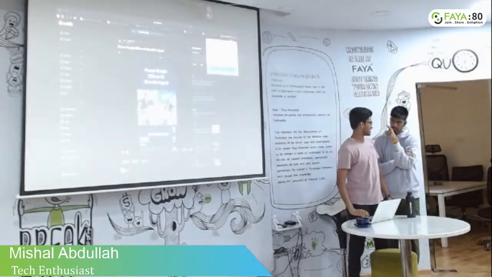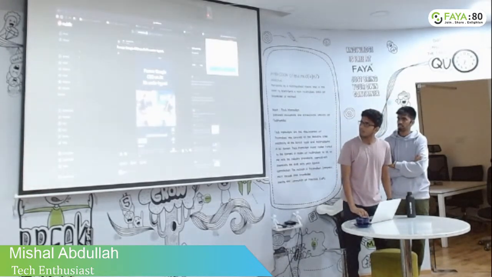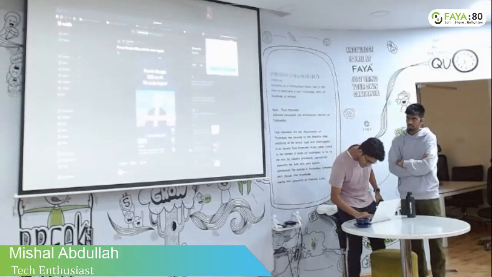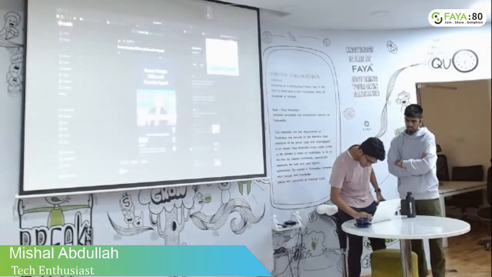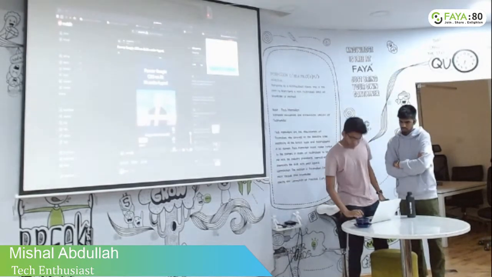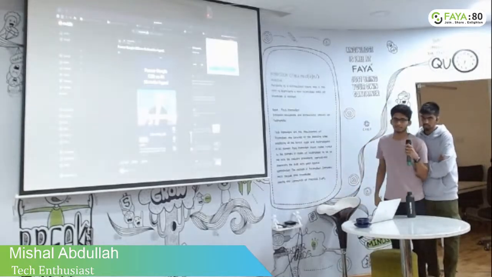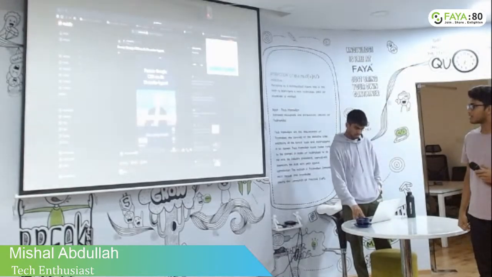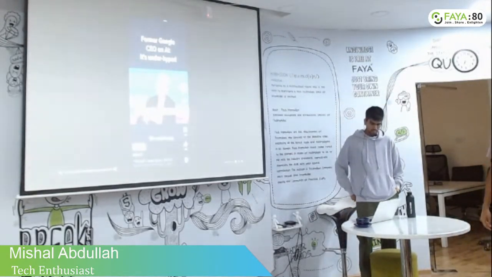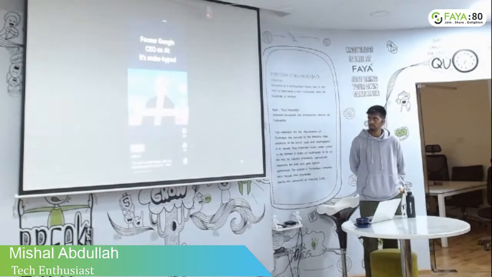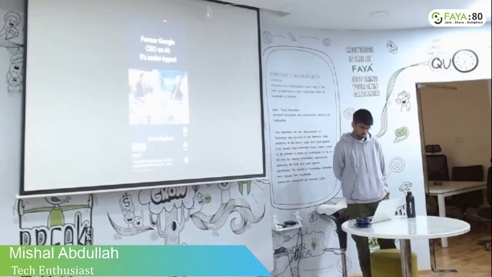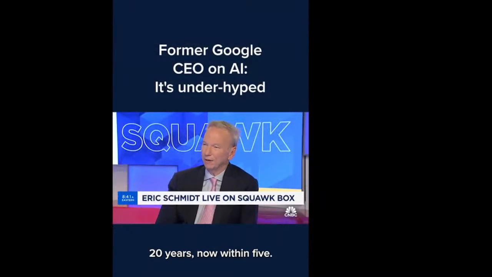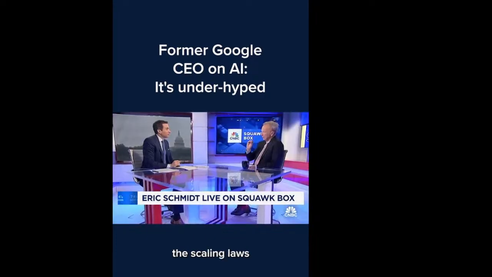First, I hate to tell you, but I think this stuff is underhyped. Not overhyped. Because the arrival of intelligence of a non-human form is really a big deal for the world. And you think it's here? It's coming, it's here, it's about to happen. How quickly, though? Well, we used to say 20 years, now within 5. And the reason is the scaling laws for these systems are continuing to go up without any loss or degradation of power. OpenAI in this generation invented this category.